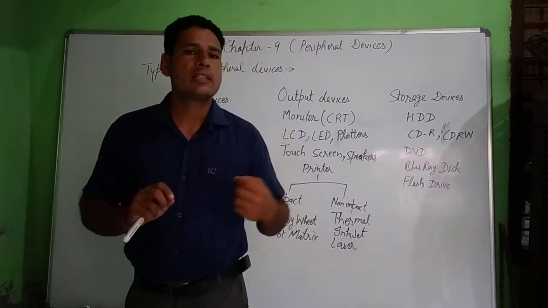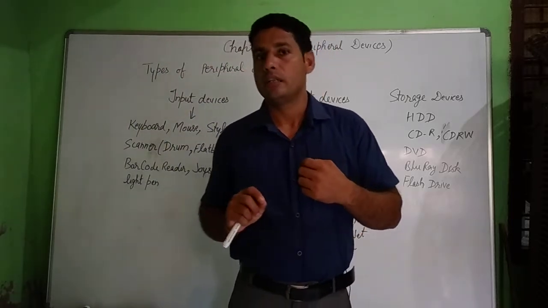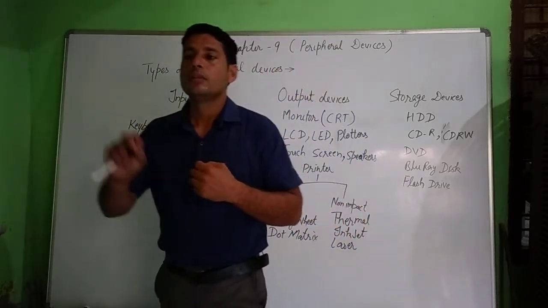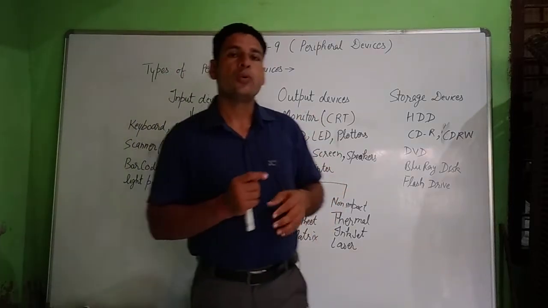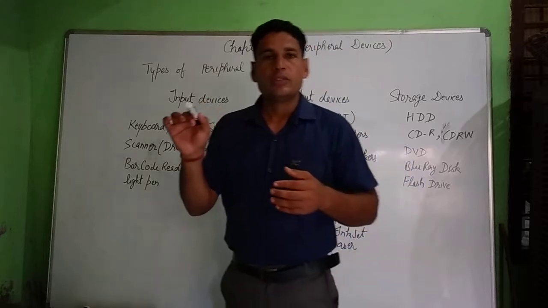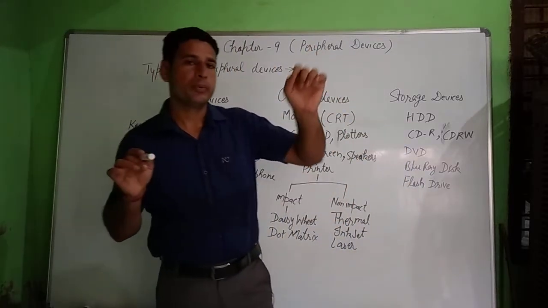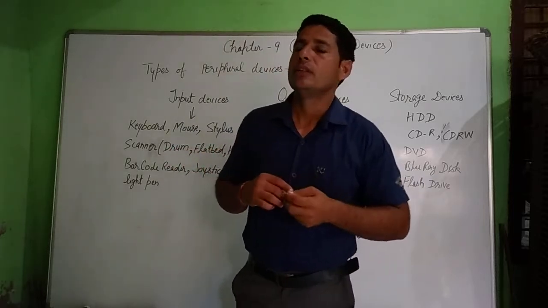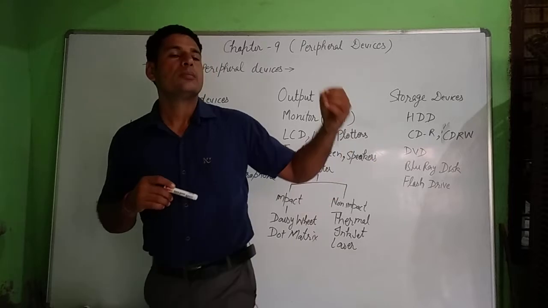Some other tasks can also be done with the help of the mouse, like we can do painting in Paint. Clear? With a mouse, a pointer moves on your computer, and by that pointer you can set the position on your screen.